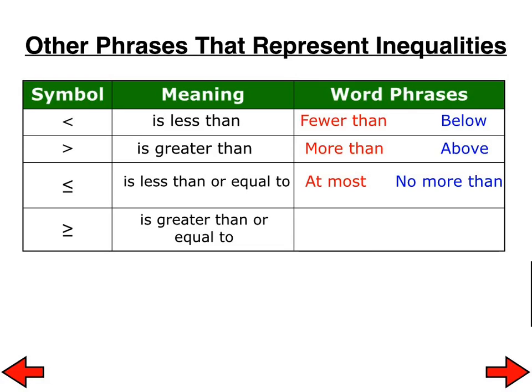Other word phrases for is greater than or equal to, at least, or possibly no less than. So these other word phrases are common word phrases that also represent inequalities.